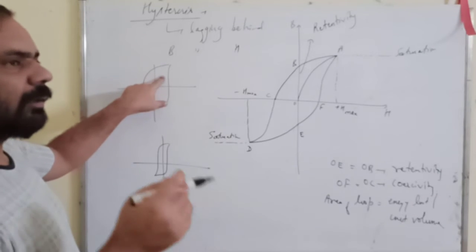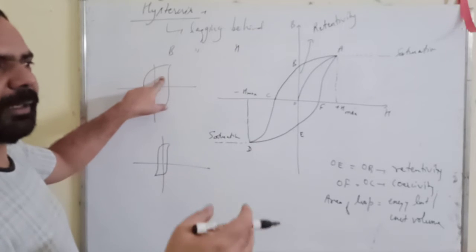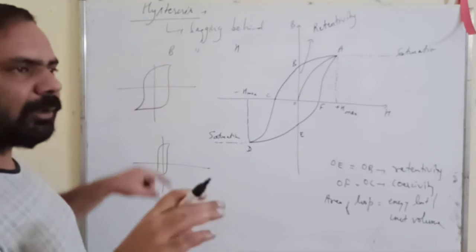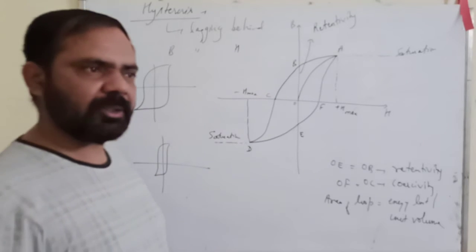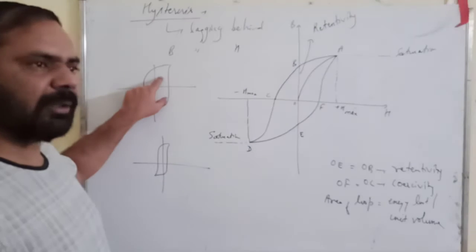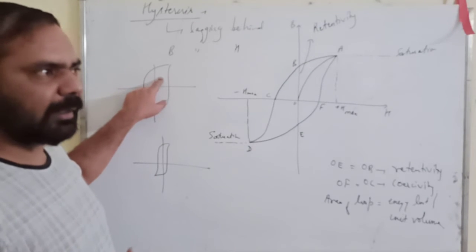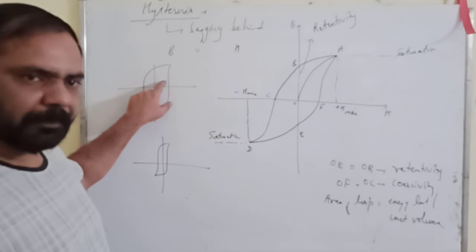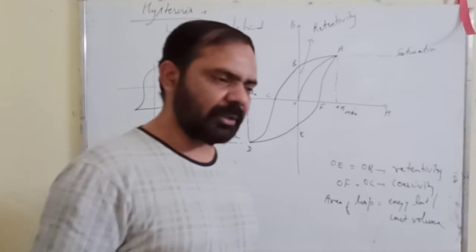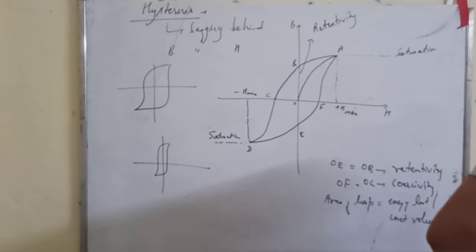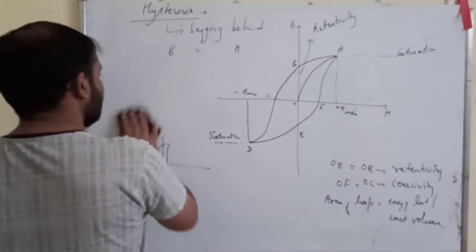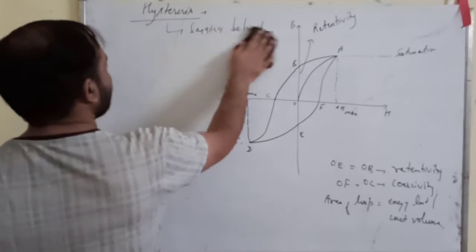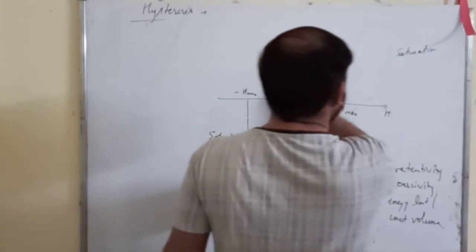Means the energy dissipated per unit volume of the material in one cycle of magnetization and demagnetization is large here. Simply you can say that the wastage of energy will be more here. Now we can discuss the practical importance of this hysteresis loop, the practical applications.